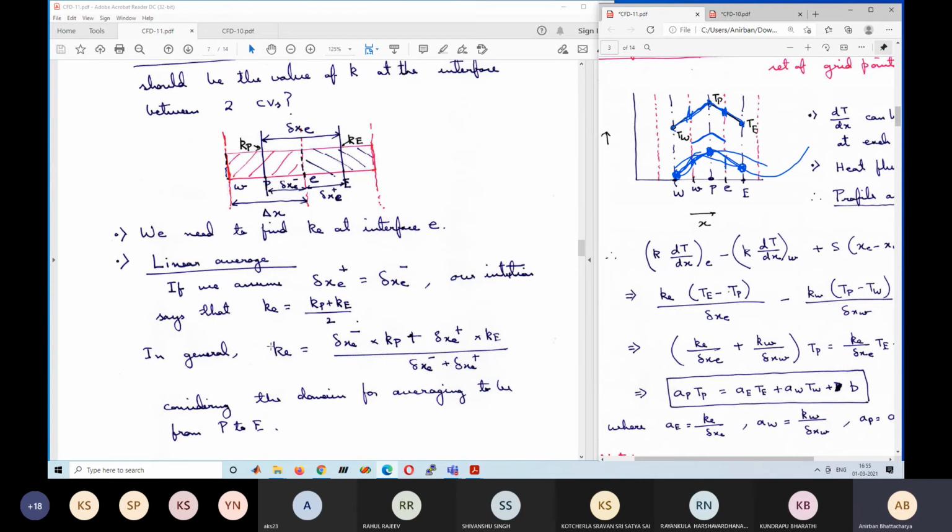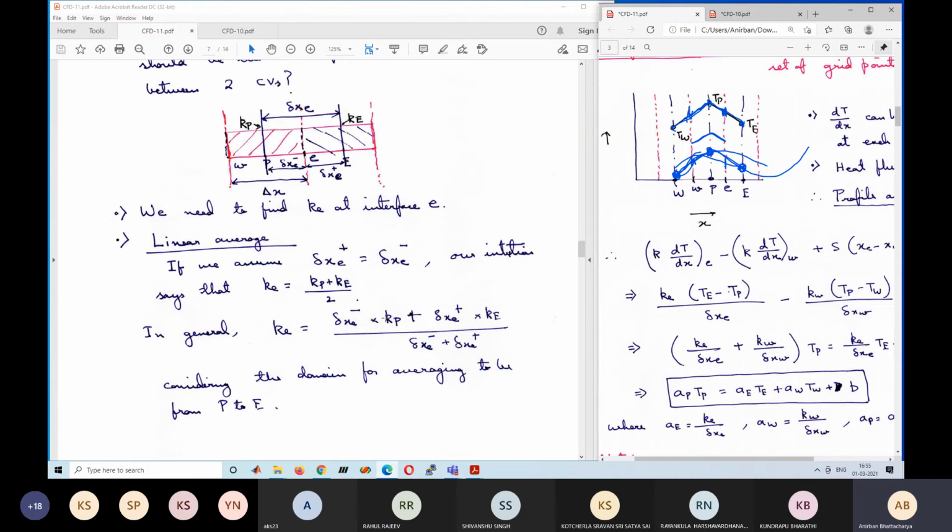This is the average value K. If delta xe minus and delta xe plus are equal, this becomes (Kp plus Ke) by 2. This is what we think of when we ask what the average value at the interface should be, and this is known as the linear average.